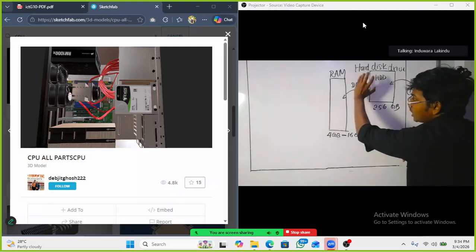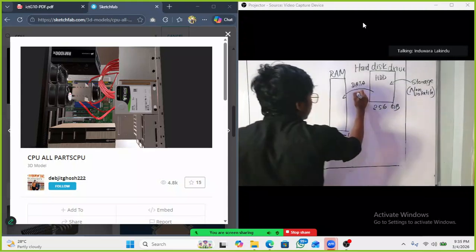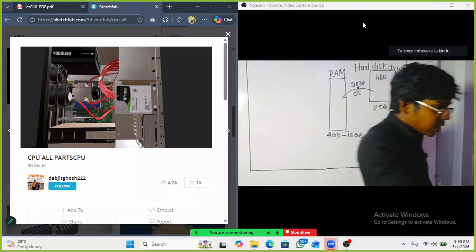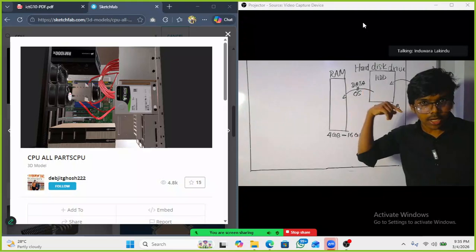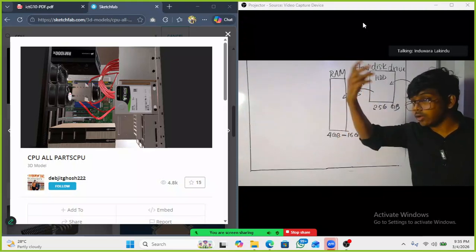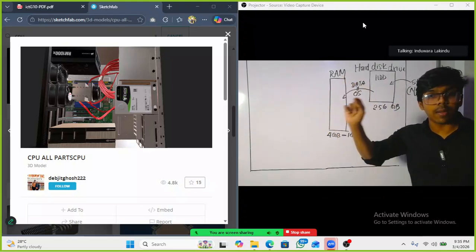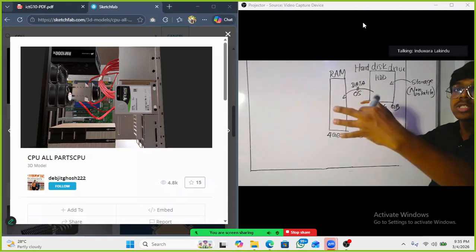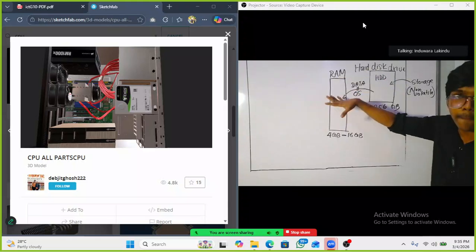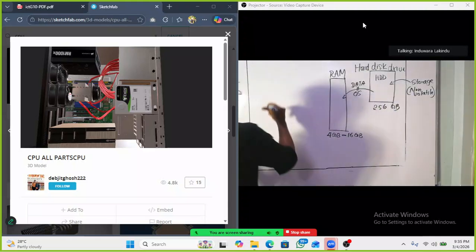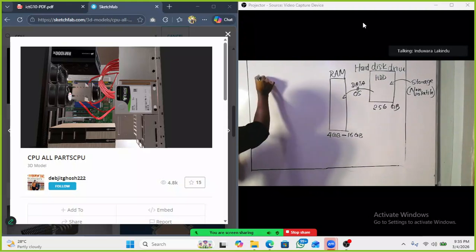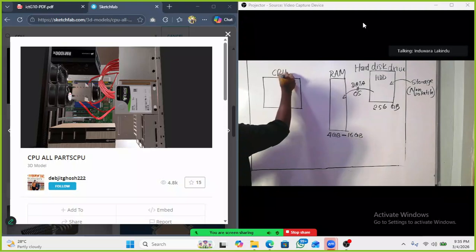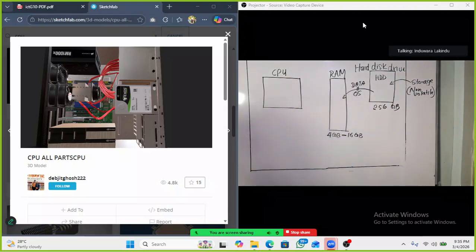Let's say the operating system: when you power on the CPU, the operating system loads first, and then when someone clicks something, the relevant data will load into RAM. Then you have the CPU here. I will draw it a little bit bigger. This is our CPU. I will tell you why I drew it bigger.